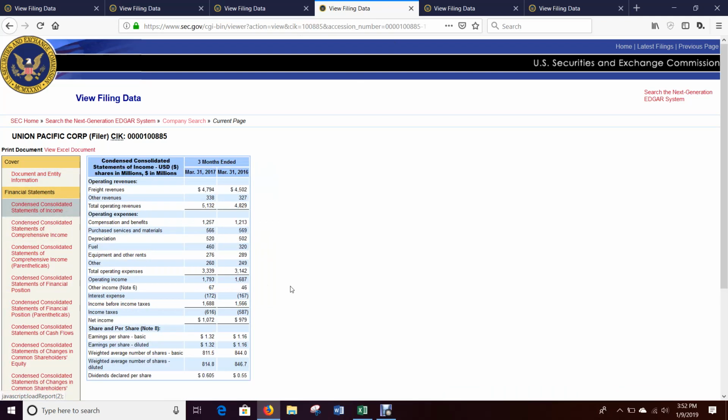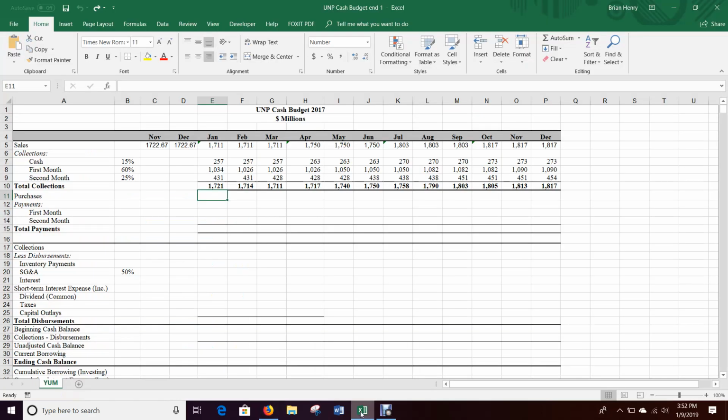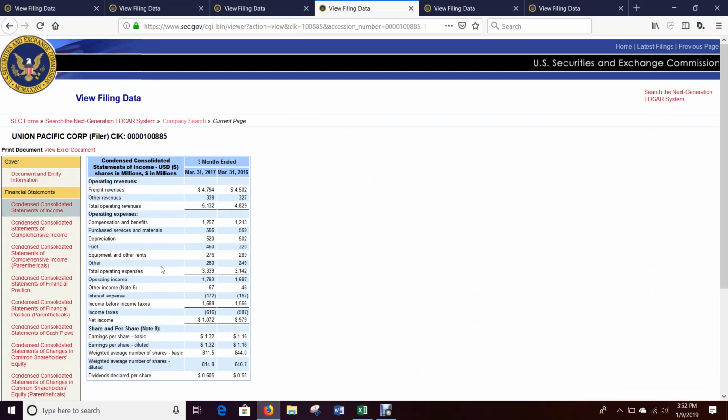And so I'm just going to go into consolidated income. We already did revenues. Now I'm going to go down here, and we have operating expenses. We're going to do some things down here about SG&A, interest, dividends, taxes, capital outlays. All that's going to get rolled into there. So we're going to ignore things like interest expenses here.